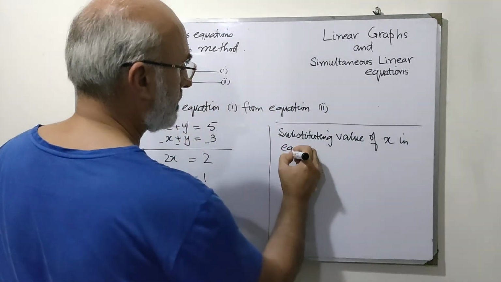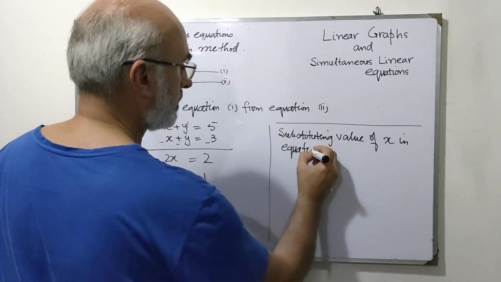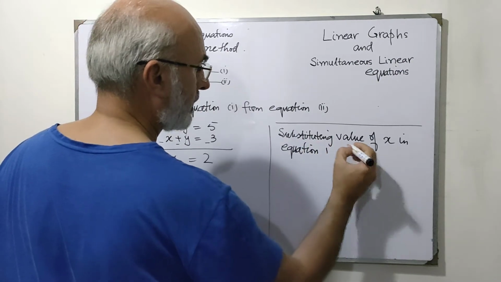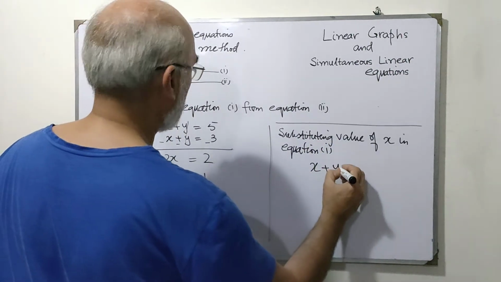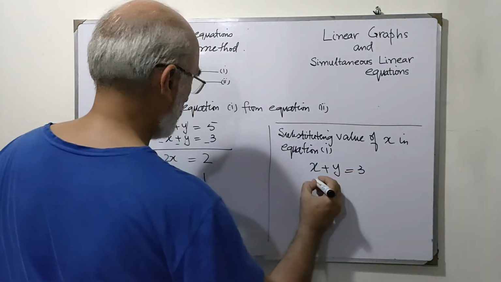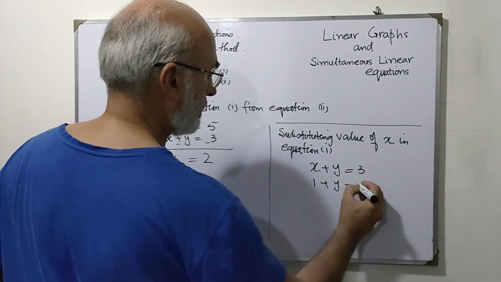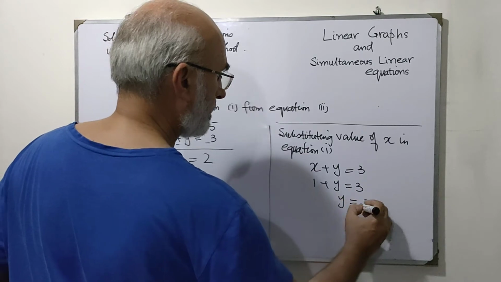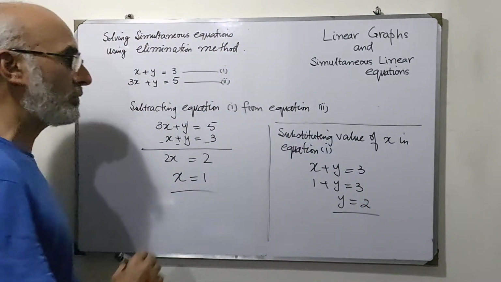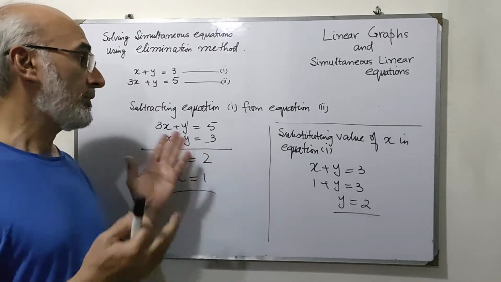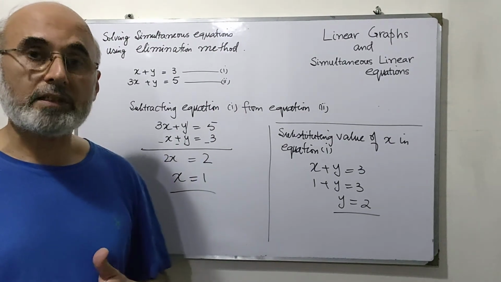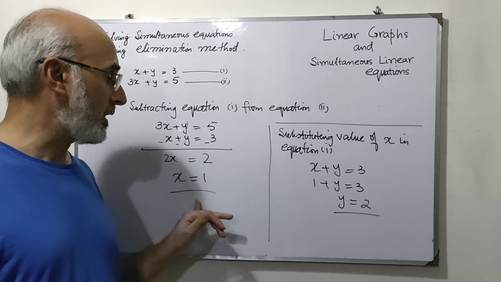In equation 1, I have x plus y is equal to 3, so 1 plus y is equal to 3, so y is equal to 2. So the values are the same which we obtained through the graphical method. So this is another method for solving simultaneous equations, and we have the same solution.